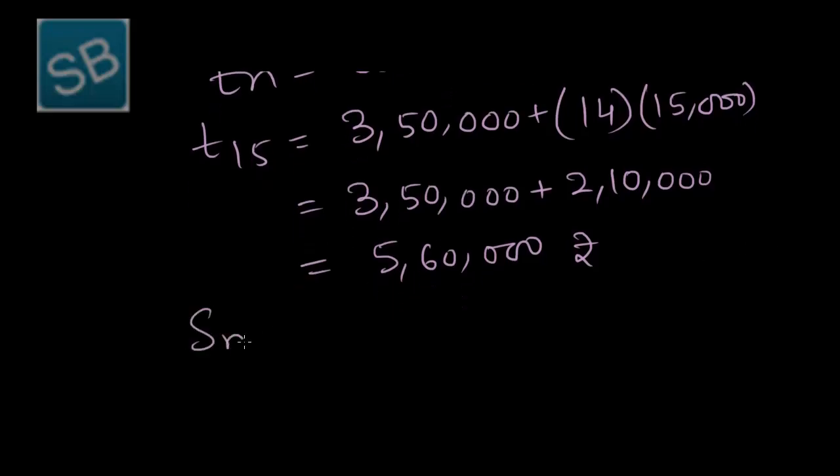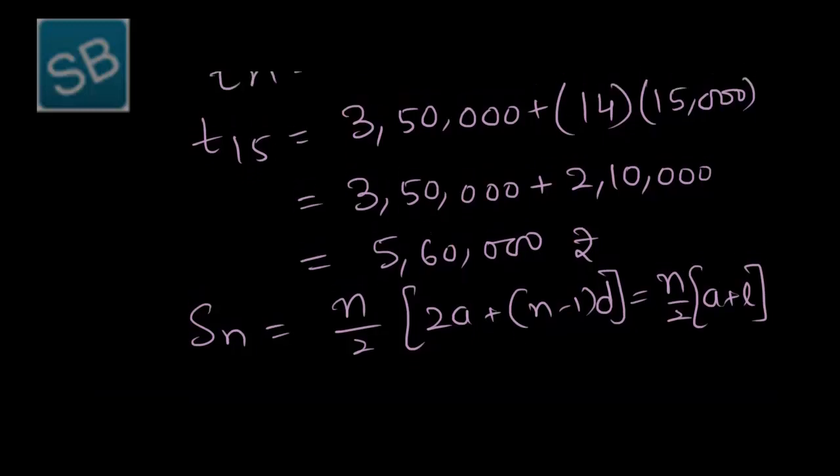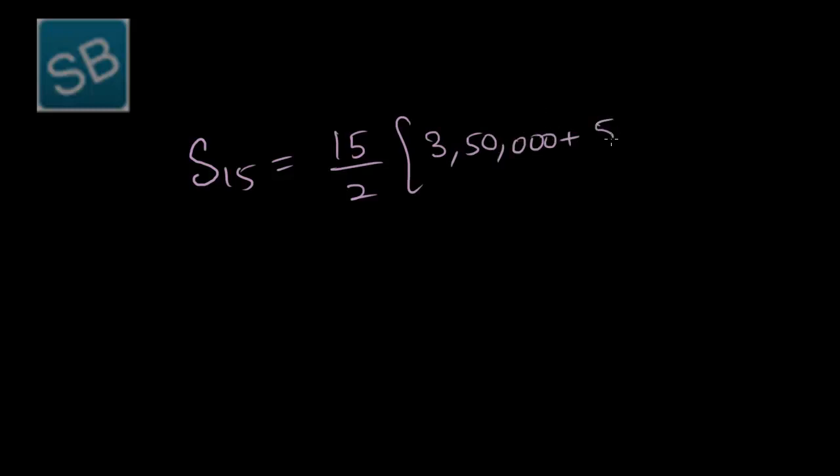Now, Sn is n by 2 into 2A plus n minus 1 D, and it is also n by 2 into A plus L. Here we know the value of the last term, that is T15, so we'll apply this formula. Therefore, S15 is 15 by 2 into A, that is 3,50,000 plus 5,60,000.